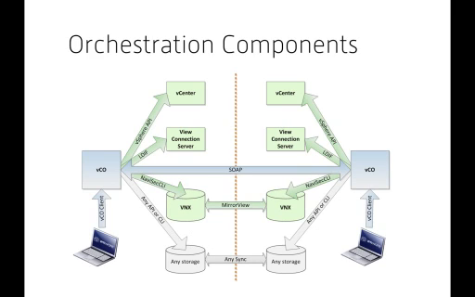Then the View environment, View connection servers, and finally storage, because desktops are stored on the storage, and in some cases, depending on the desktop type, storage switchover is needed. So Orchestrator is communicating with all components.